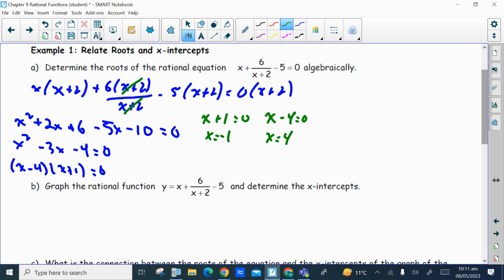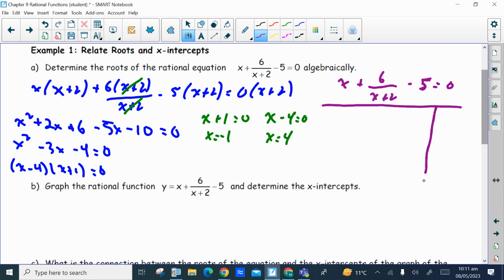And whenever we solve equations, we always want to check to make sure what works, what doesn't work. If something doesn't work, then it's an extraneous solution. So first for negative 1, you'll get (-1 + 6)/(-1 + 2), which is 5 over 1, minus 5.